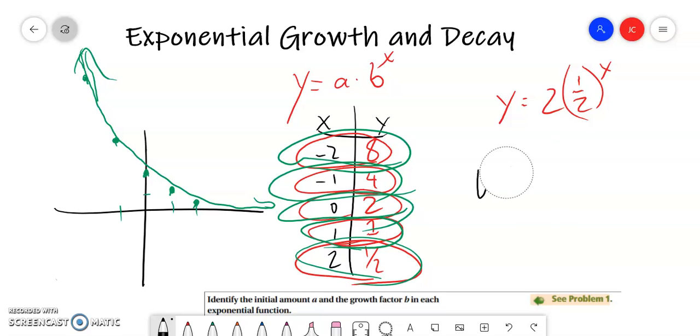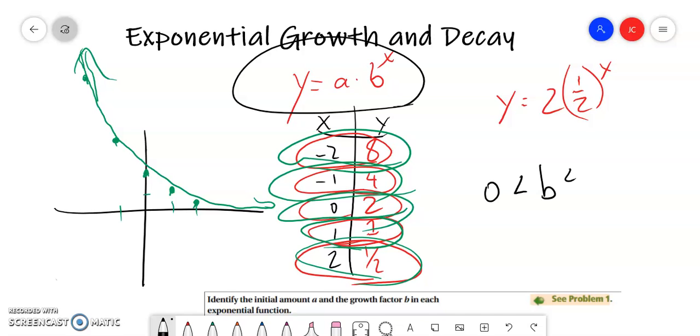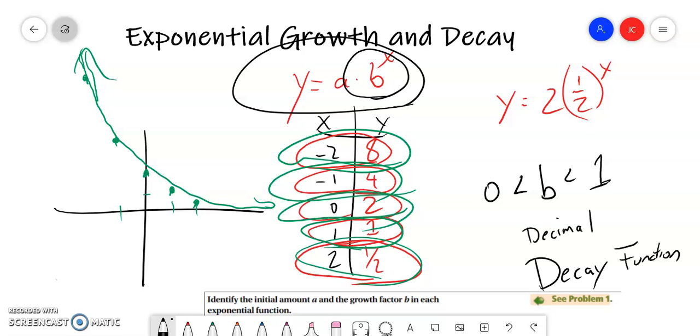Well, there's a special property when we're using this right here: if b is between 0 and 1, a decimal between 0 and 1, it will always be a decay function. That's just a property that this type of equation has. So if this b value is between 0 and 1, it is a decay function.